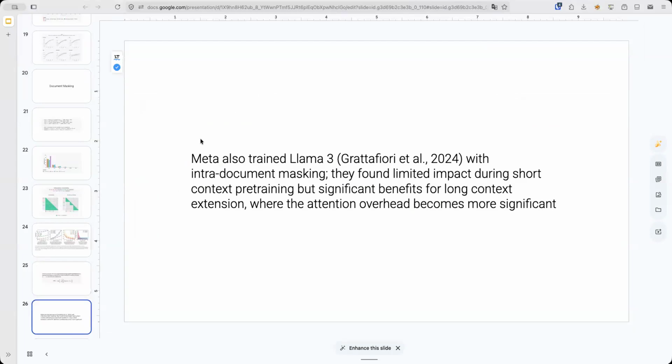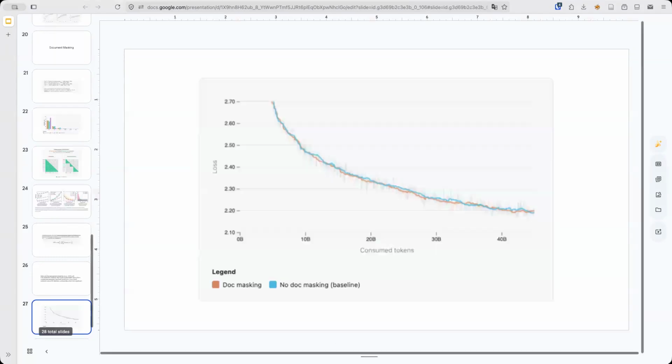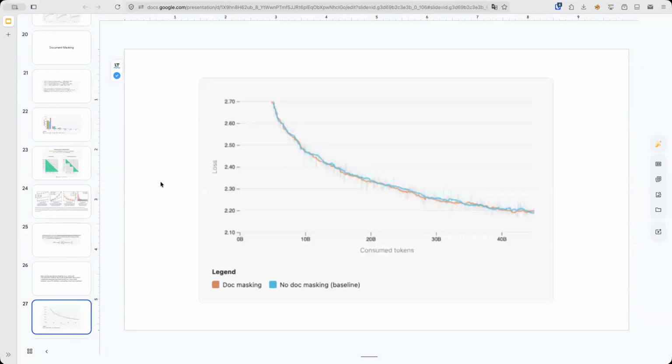And when it comes to the real world, we know that Meta trained Llama 3 with intra-document masking. They found limited impact during short context pre-training, but significant benefits for long context extension. And the folks from Hugging Face ablated it. They ran pre-training on short context with document masking and without document masking, and they didn't see any meaningful differences.